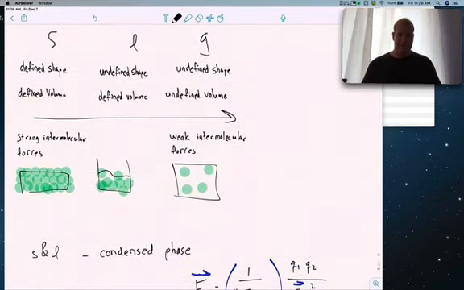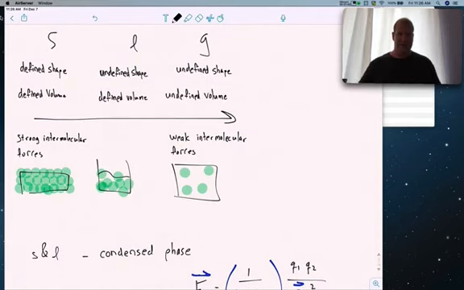And let me talk about the states of matter: solid, liquid, and gas. To remind you, solid means defined shape and defined volume. Liquids do not have a set shape but have a set volume, and gases have neither set shape nor set volume. And the reason for that is because solids have relatively strong intermolecular forces, so it keeps them together.